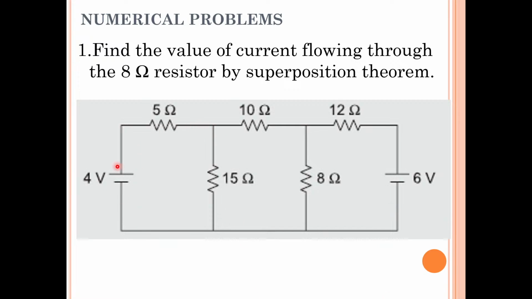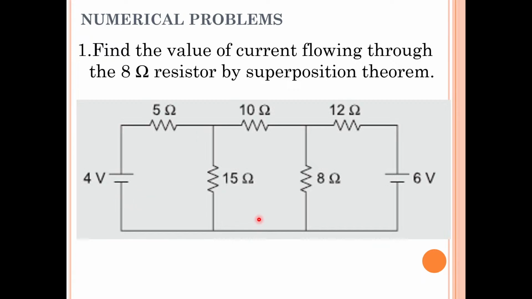If any resistor is contained in series, you can say that it is the internal resistance of the voltage source. Sometimes, along with the voltage of 4 volts, an internal resistance value will also be mentioned. If any internal resistance value is mentioned, then when you short circuit this voltage source, you must replace it with that resistance value.